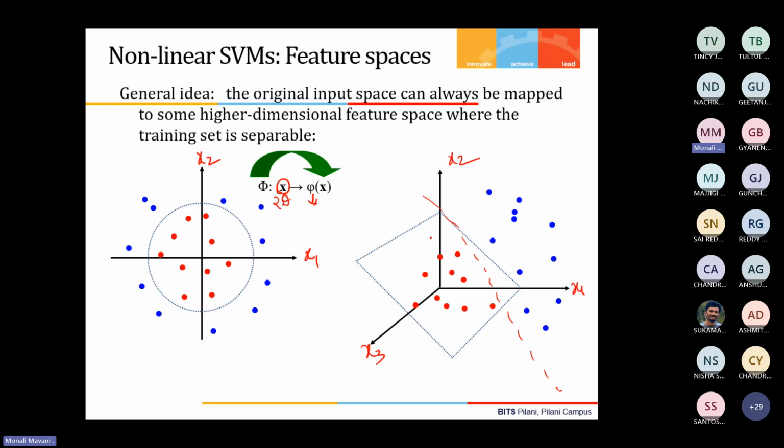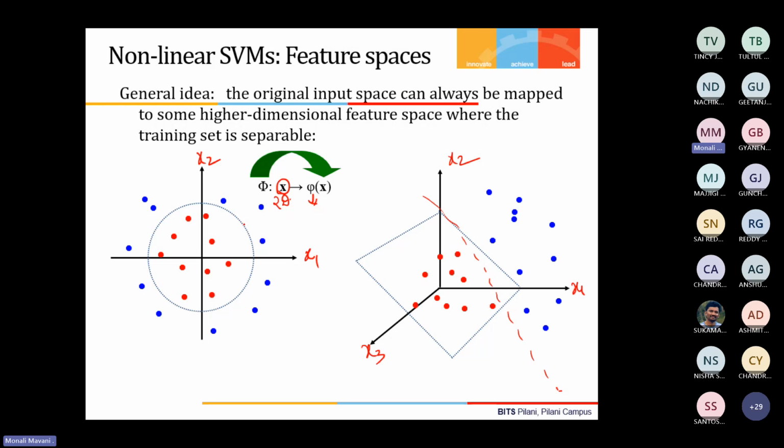For ease of drawing this diagram, we are showing 2 and 3 dimensional examples. Not necessarily from 2 dimensions you move to 3 dimensions to get a linear boundary. Maybe from 2 dimensions to say 20 dimensions. But in that dimension we get a linear boundary, and 20 dimensions cannot be visualized.